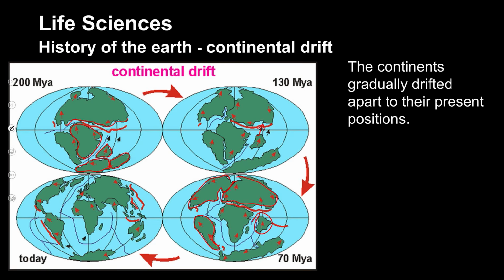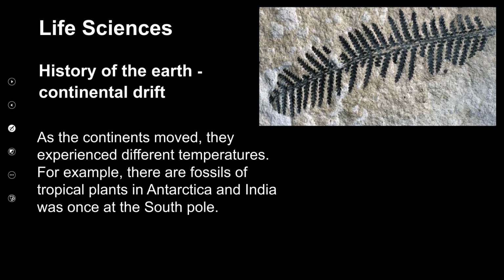Now, an important thing to notice is that as these continents moved, they moved from near the poles to near the equator, or from near the equator to near the poles. So conditions changed quite a bit.